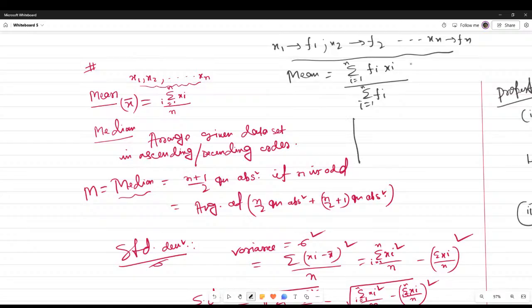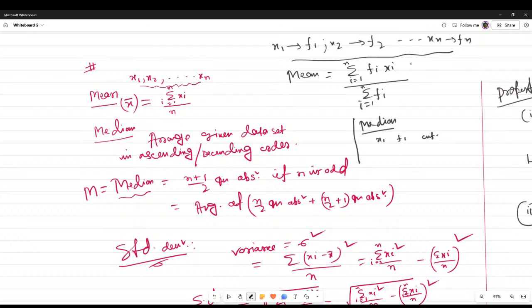Median will be what? I just remind you, for median you have to find the cumulative frequency. Remember it. Make the table this way: x1, f1 the frequency, then you write CF, cumulative frequency.